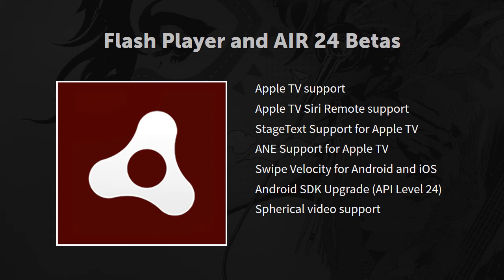So you've got this expansion of platforms here. You've got things that are very specific to it, like Siri remote support, stage text support for Apple TV, and ANE support, so if you're writing ActionScript native extensions, they're supported on Apple TV. You've also got swipe velocity for both Android and iOS, an Android SDK upgrade to API level 24, and just like Flash Player, spherical video support.